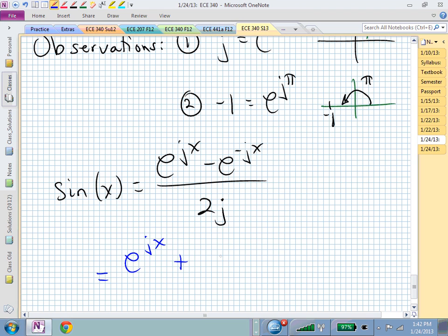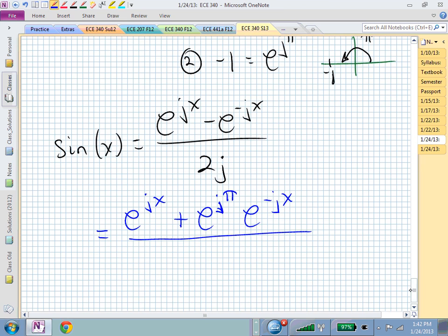So now that -1 is going to become an e to the j pi. And I still have an e to the minus jx. But I also want to change that j because cosine didn't have a j downstairs, but I can write that as e to the j pi over 2. We okay with what I've done? I just plugged in some complex exponentials in some judicious locations.